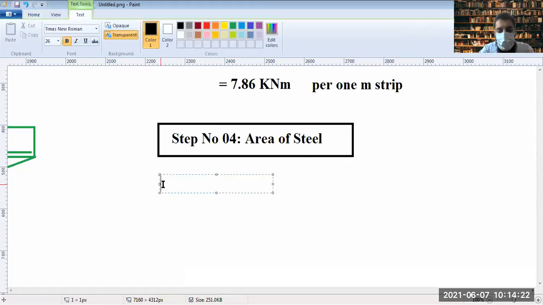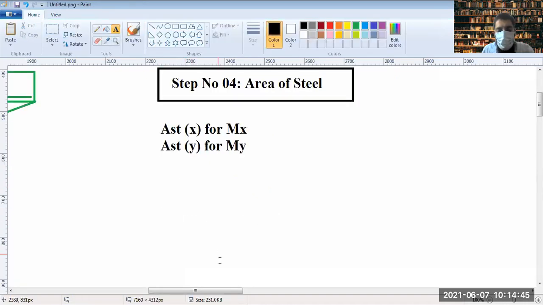Now, along the direction of X, AST would be calculated for mx and ASTY would be calculated for my. What formula do you use for that?